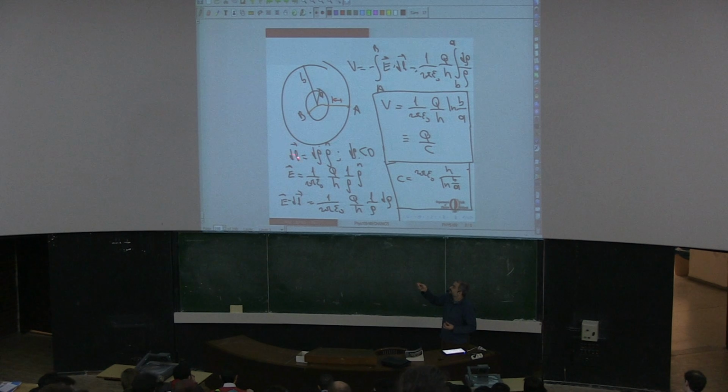The d rho, by the way, is not the magnitude of the dl. The magnitude of the dl is minus d rho, since d rho is negative. Other questions? Are you sure you don't have any other questions?